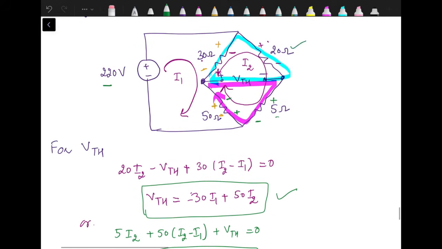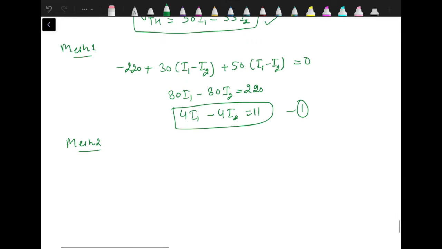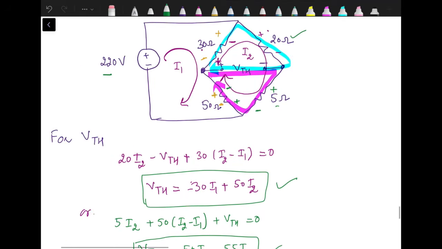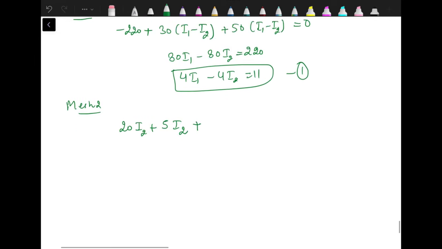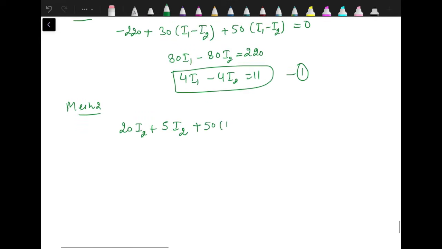For mesh 2, I am starting with this 20 ohm resistance. So it's 20 into I2, then the drop across the 5 ohm resistance, plus 5 into I2. Then we have the drop across the 50 ohm resistance, plus 50 into (I2 minus I1).